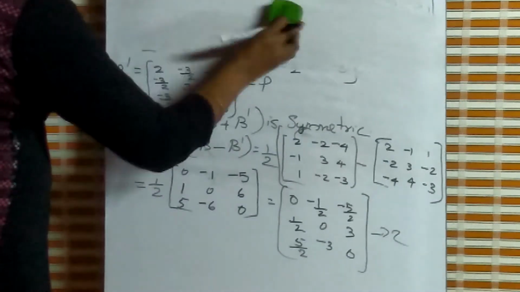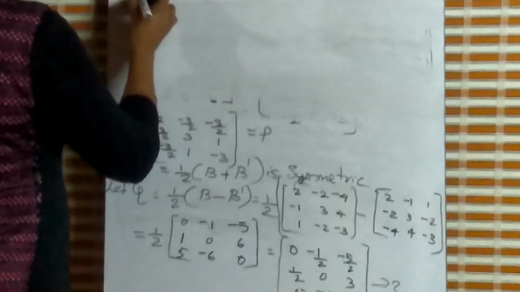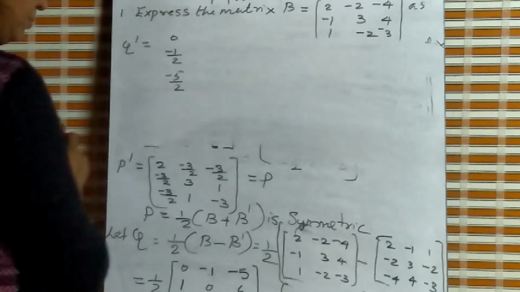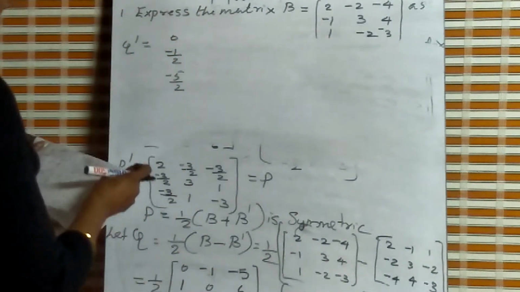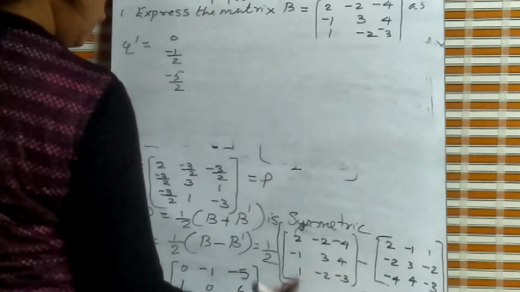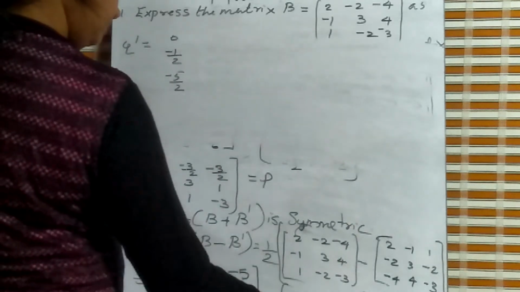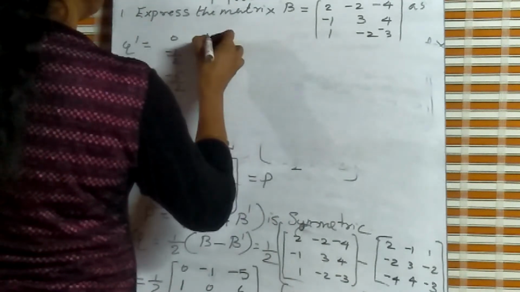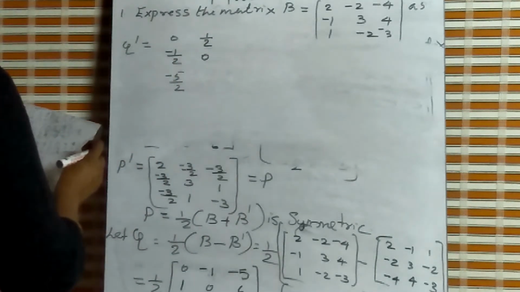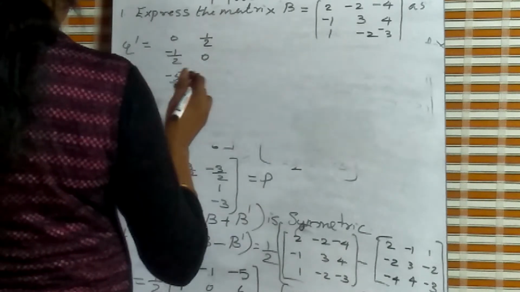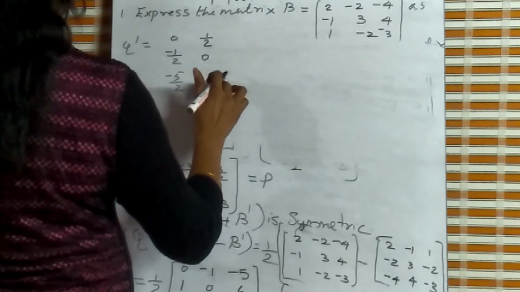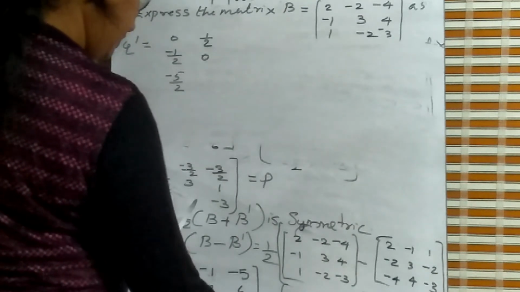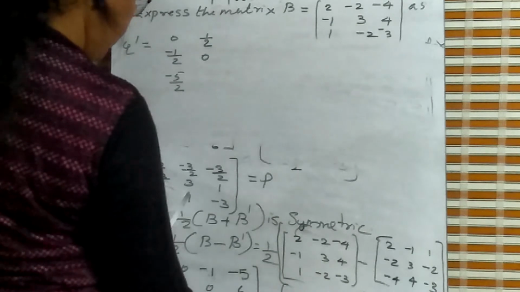Now take Q transpose. Q is [0 -1/2 -5/2; 1/2 0 3; 5/2 -3 0].